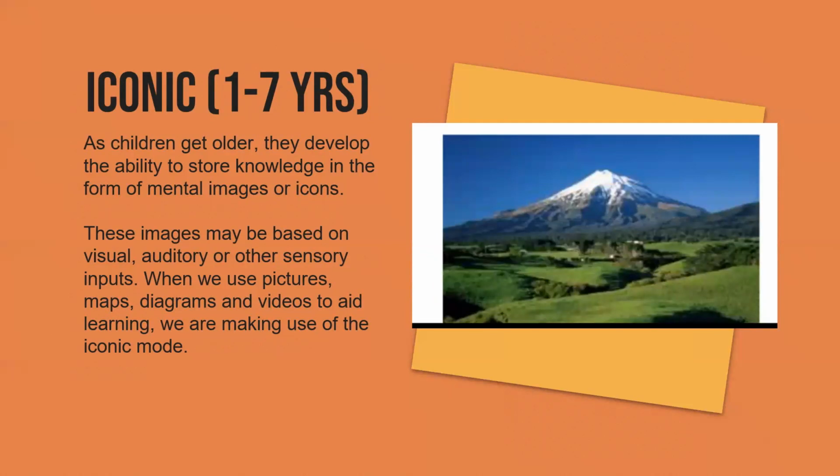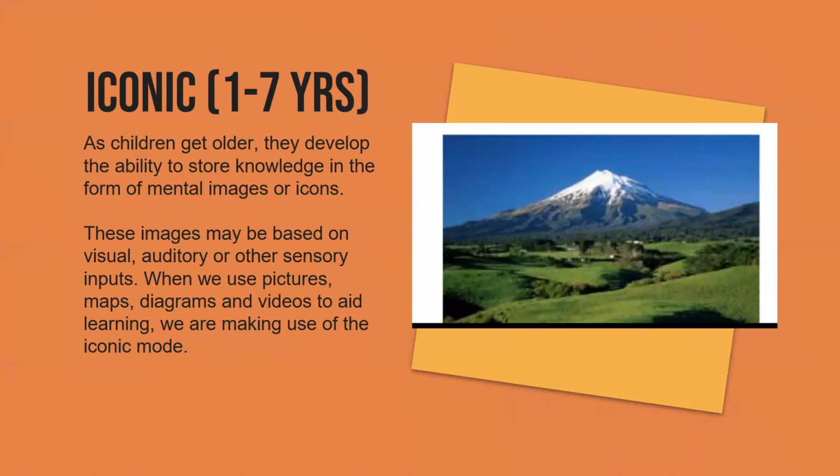So when we use pictures, maps, diagrams, and videos to aid learning, we are making use of the iconic mode of learning. So learning can be made through models and pictures.